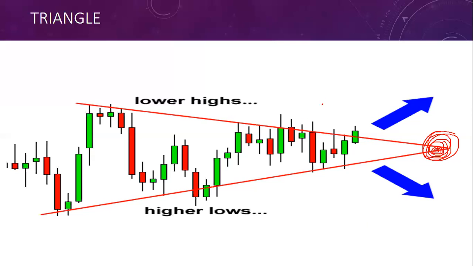If it breaks up, it will not go up very strongly or down very strongly. But if it breaks close to this area, it gives me a signal that it will be a strong break.